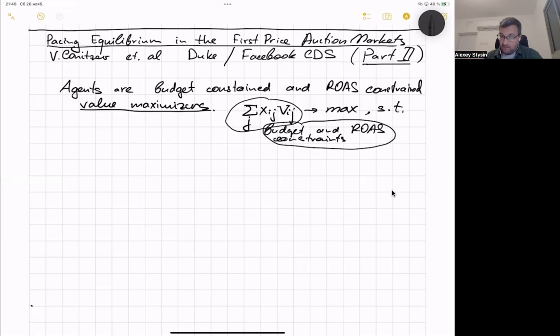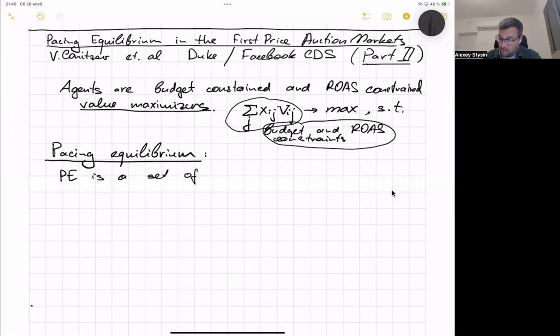Okay, so now we're in a position to actually state what this pacing equilibrium is. A pacing equilibrium is a set of multipliers Bi's and prices Pj's and allocations Xij's, so that the following holds.